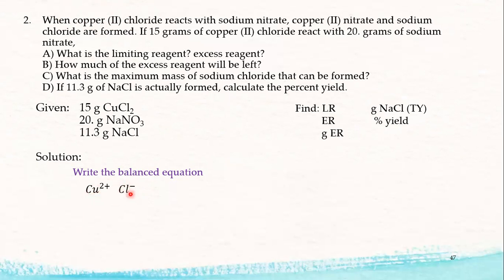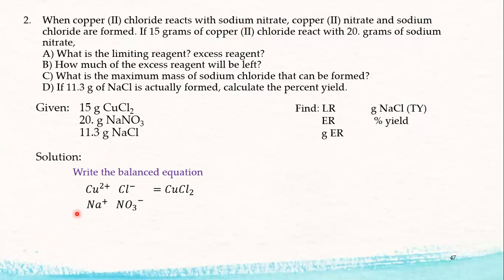And for chloride, you only have chloride Cl minus. So if we have the following ions and we cross the superscripts, then we'll end up with the formula CuCl2. Okay.